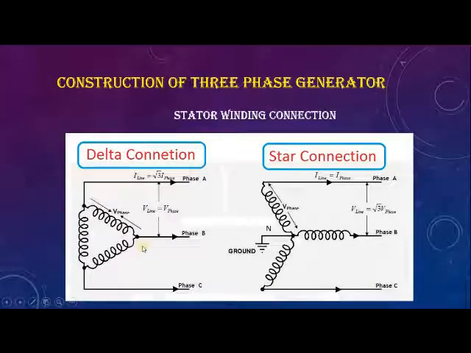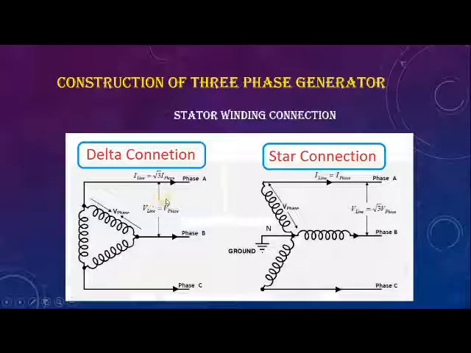But what is phase voltage? The voltage measured across the winding. You can see here, it is denoted V phase. Voltage measured across the winding is called phase voltage. So in the present case, look at this phase voltage. Voltage measured between these 2 points is the same as line voltage. So in delta connection, line voltage is equal to phase voltage. Clear?